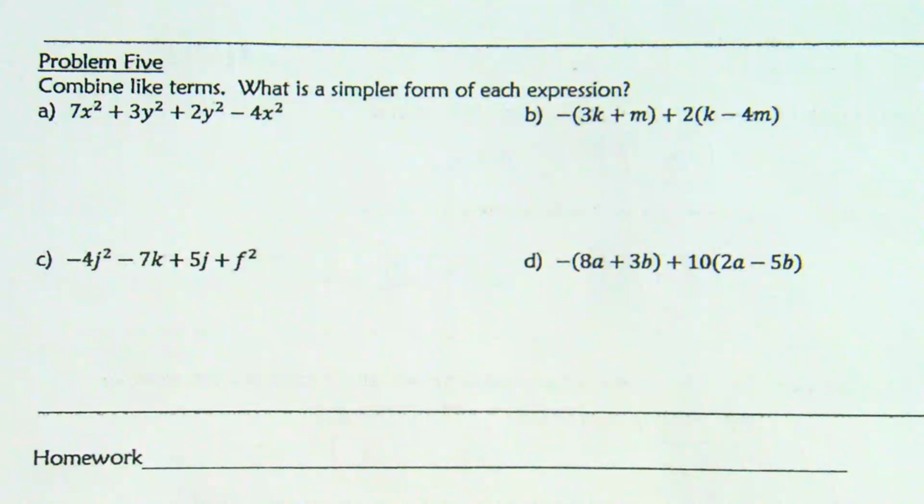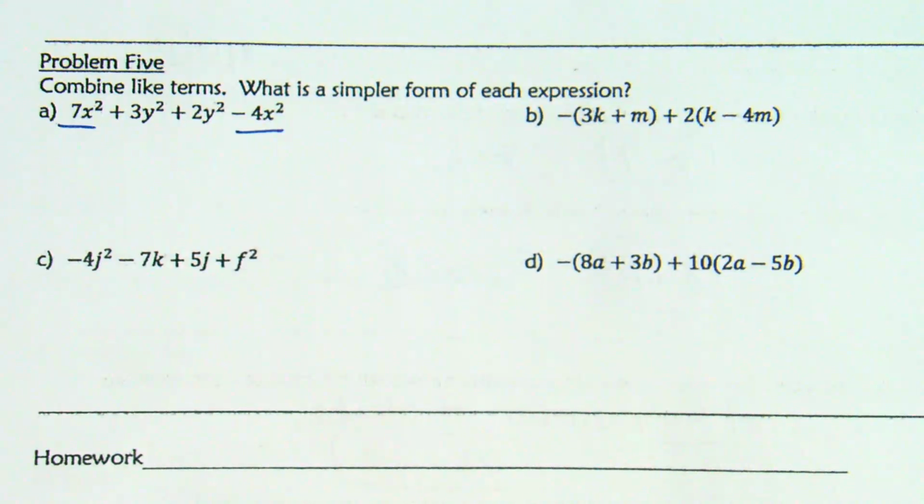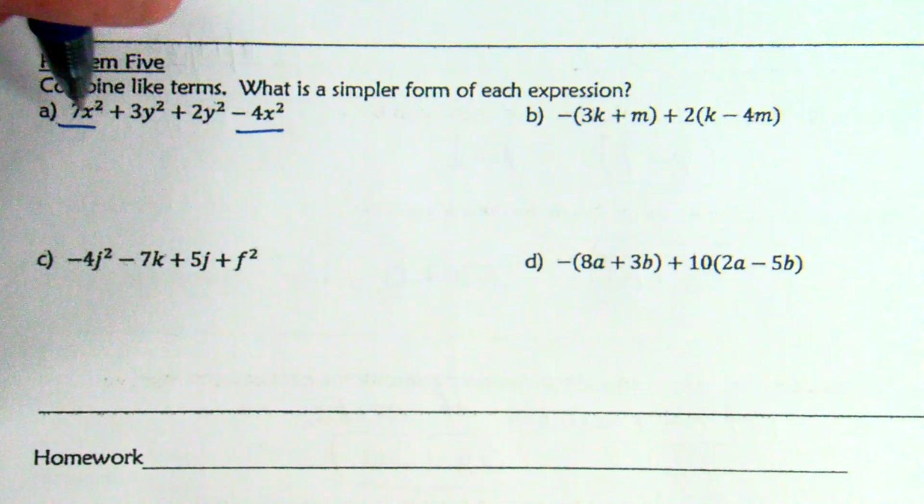What is a simpler form of each expression? 7x squared plus 3y squared plus 2y squared minus 4x squared. Thoughts on what I can do here? Mackenzie? Subtract 4 from 7 and get 3x squared. Okay.